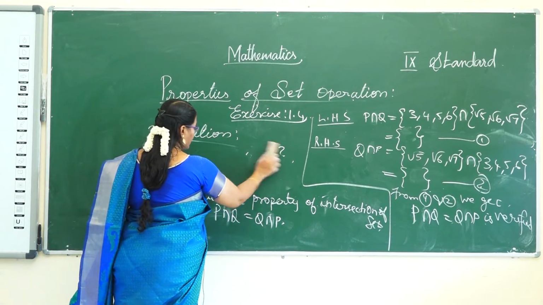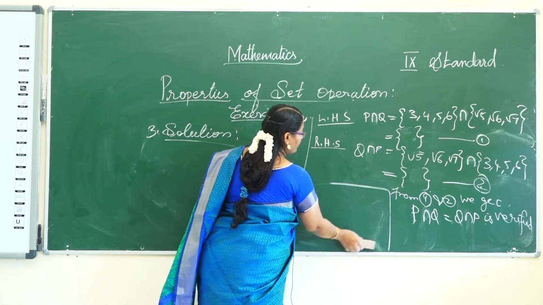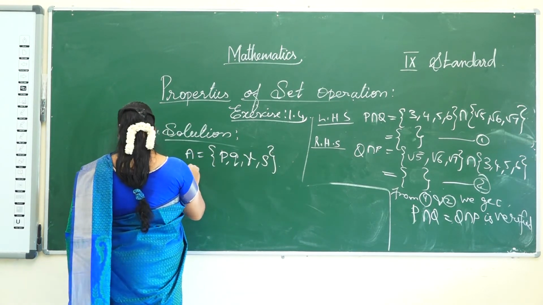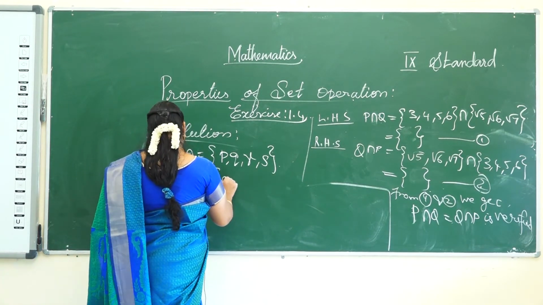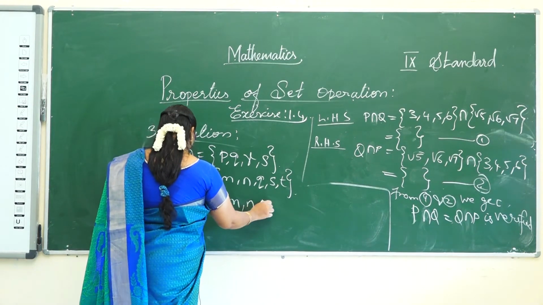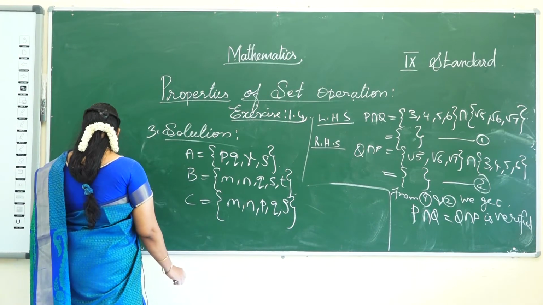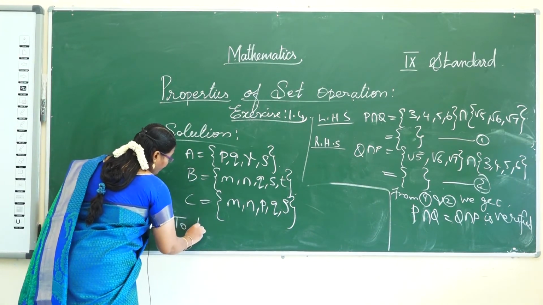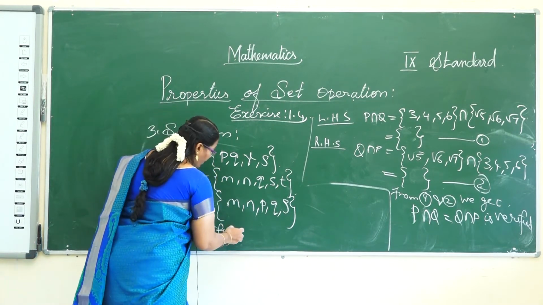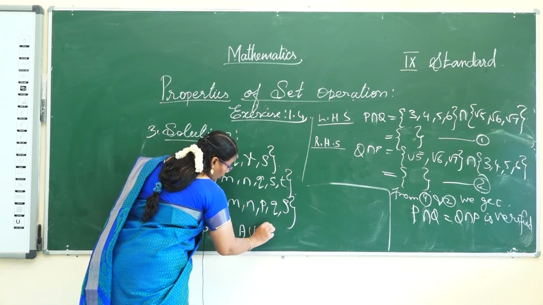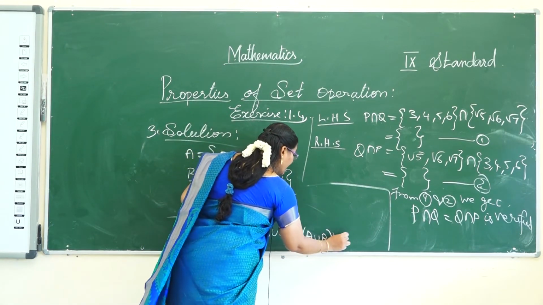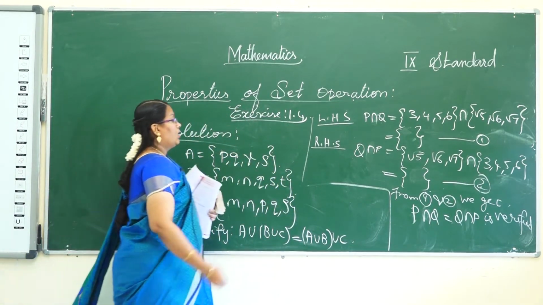First write the sets A, B, C. B is equal to M, N, Q, S, T and C is equal to M, N, P, Q, S. To verify the associative property of union of sets: A union (B union C) is equal to (A union B) union C. Now verify this equation.